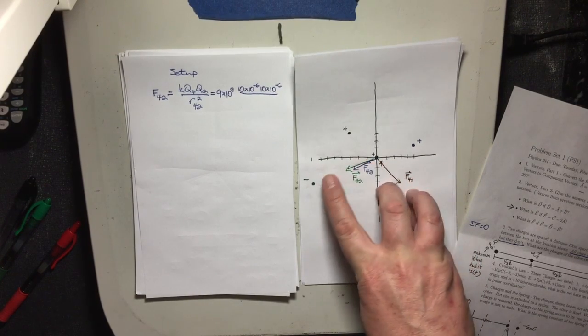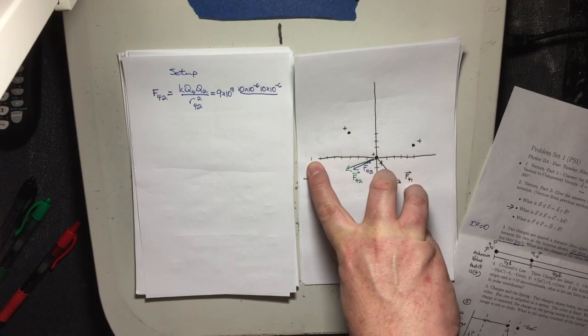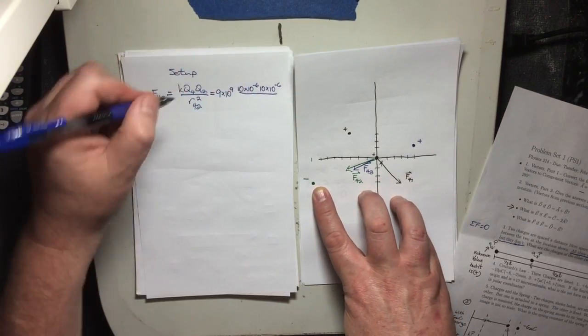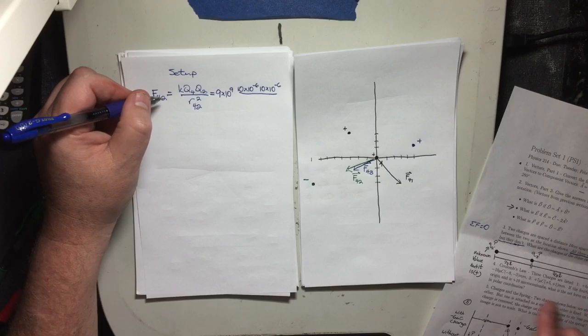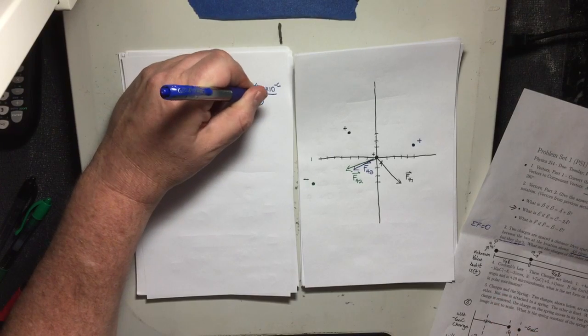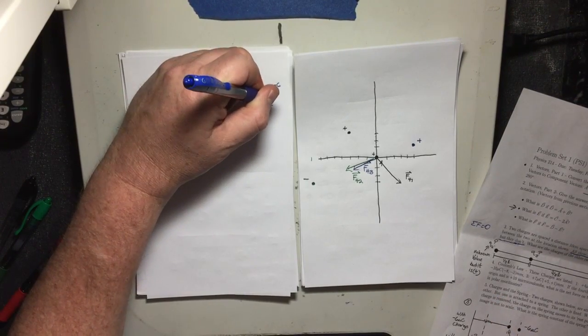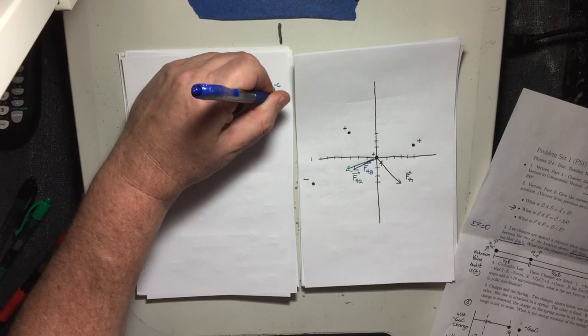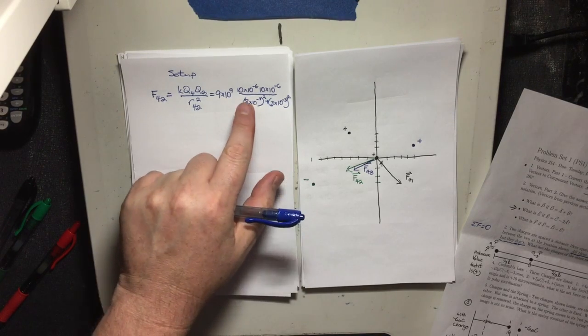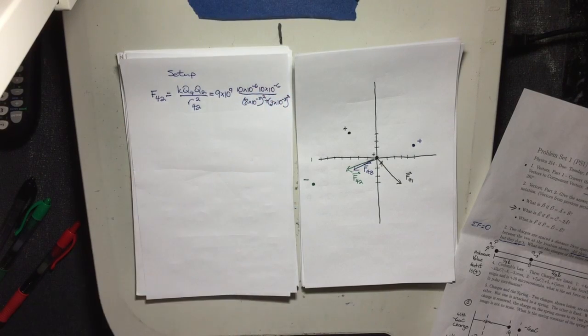So the distance from there to there is the distance in x squared plus the distance in y squared. So for 4 on 2, it's 8 times 10 to the negative 3 squared plus 3 times 10 to the negative 3 squared. And you just write it like that. And why is there no singular number squared? Because x squared plus y squared equals r squared, Pythagorean theorem.